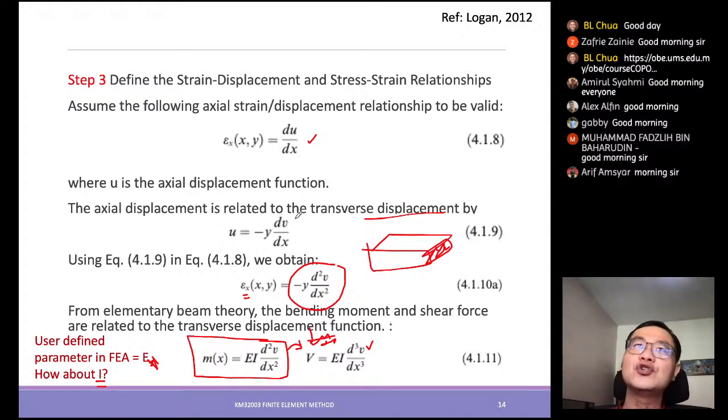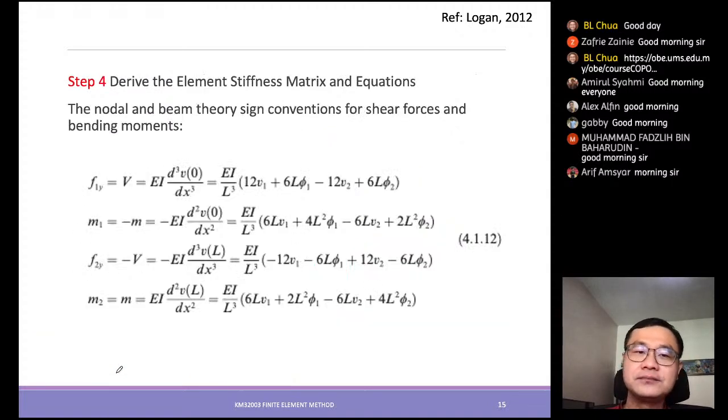But if you only define it as a two-dimensional element, not three-dimensional, then in this case you have to define the I. They will ask you for the I itself.